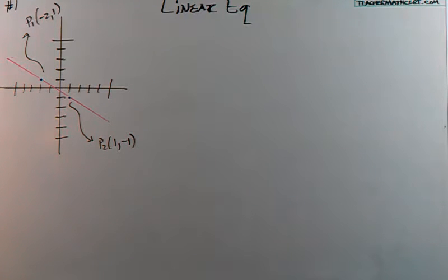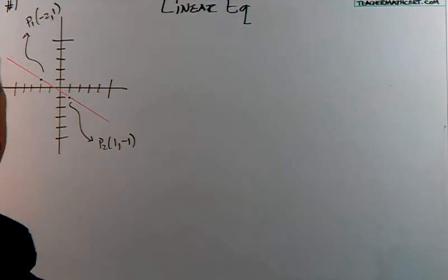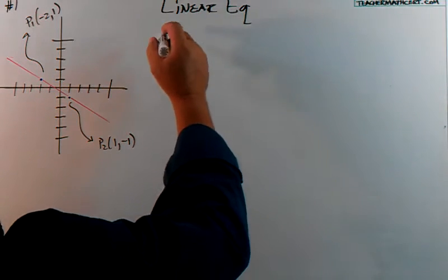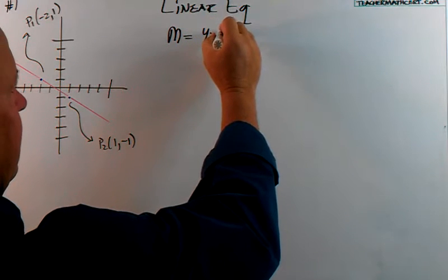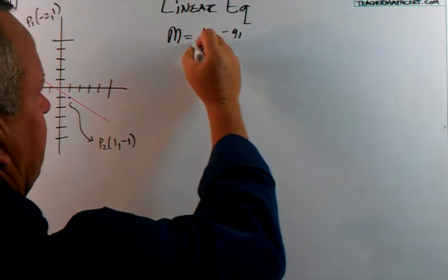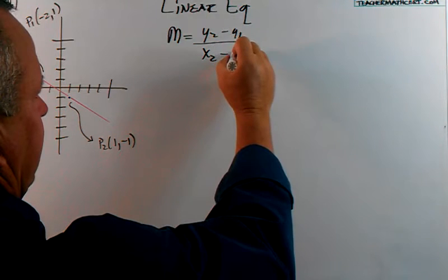Alright, so if you haven't looked at the linear equations concepts, you may want to look at that video. The equations we're going to need are slope, m is equal to y sub 2 minus y sub 1 divided by x sub 2 minus x sub 1.